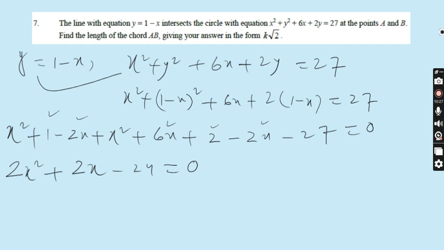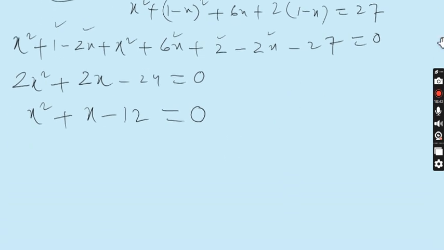Divide the whole equation by 2. 2 upon 2 is 1, 2 upon 2 is 1, 24 upon 2 is 12, is equal to 0. This is a quadratic equation, which can easily be solved by using the middle term break method.